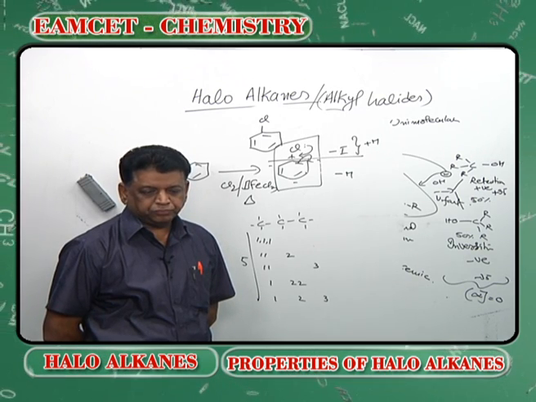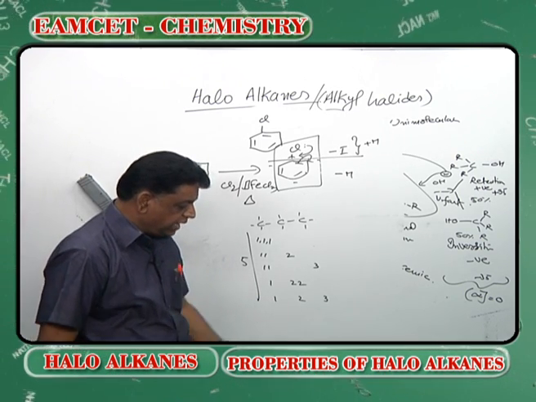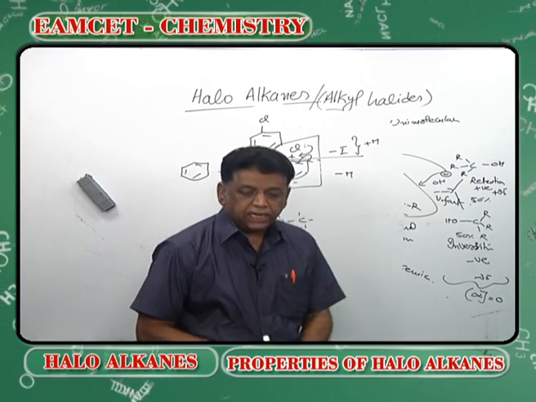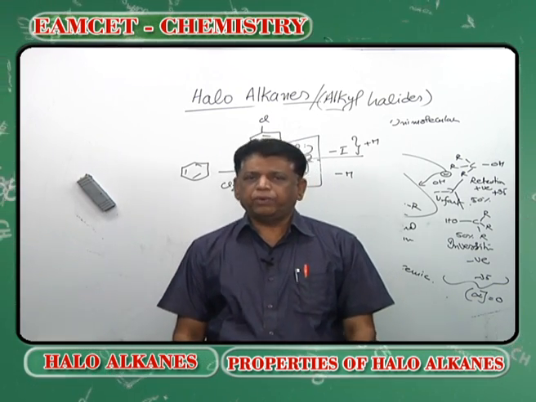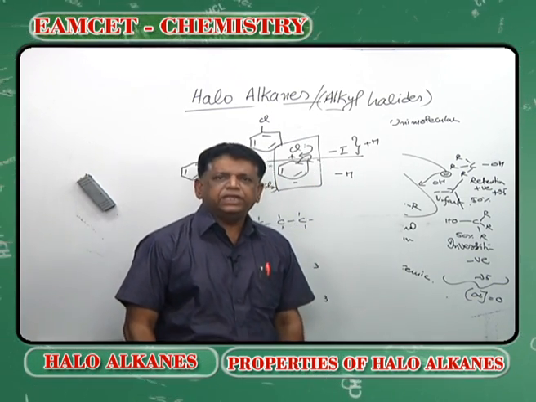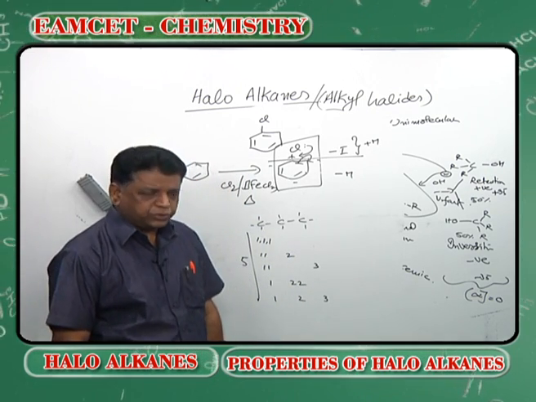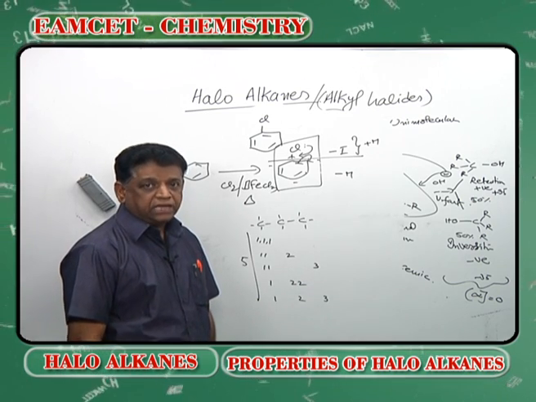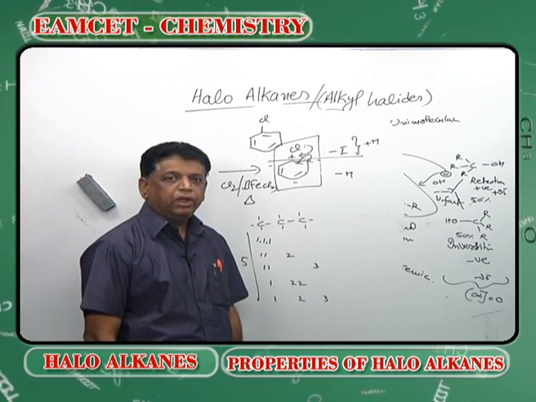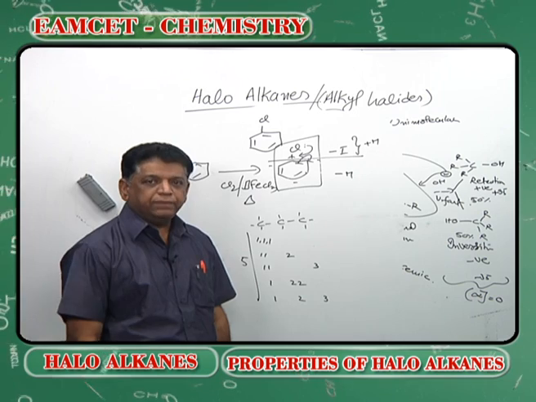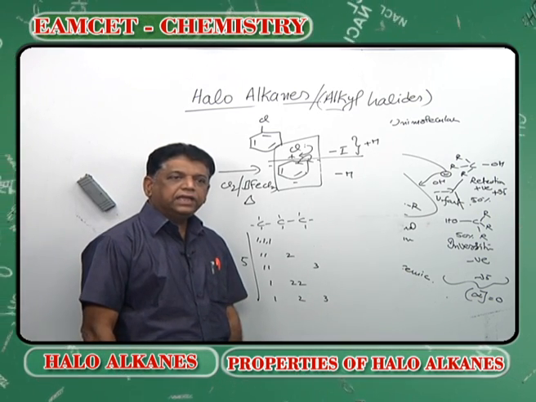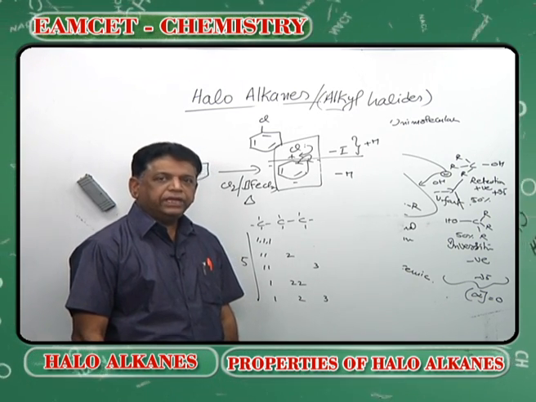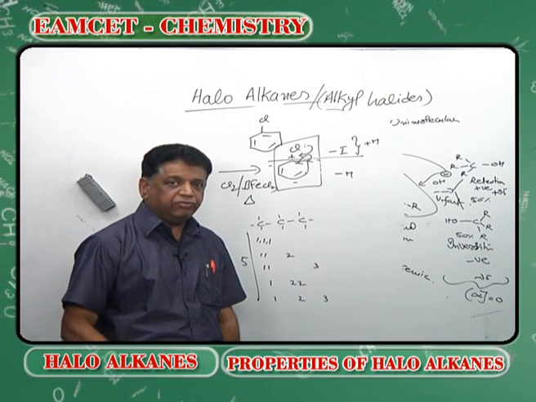Next, with this we can have a conclusion. Alkyl halides have 2 important reactions. One is nucleophilic substitution, the other is elimination. Aqueous KOH means substitution, alcoholic KOH means elimination. Apart from that, alkyl halides with sodium give the Wurtz reaction, that is doubling of the alkyl group.